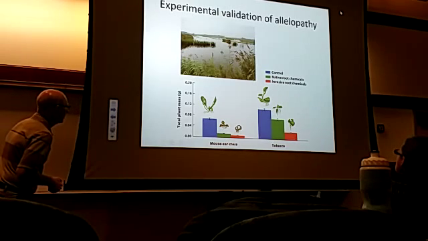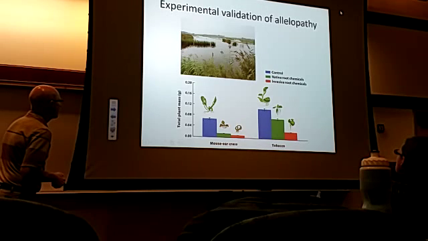Looks like they have those two species, the control group in the presence of native root chemicals and in the presence of invasive root chemicals. But I'm trying to remember which is which here.